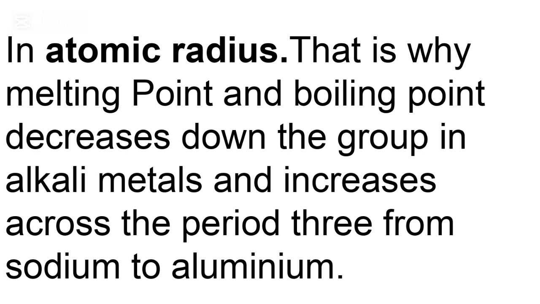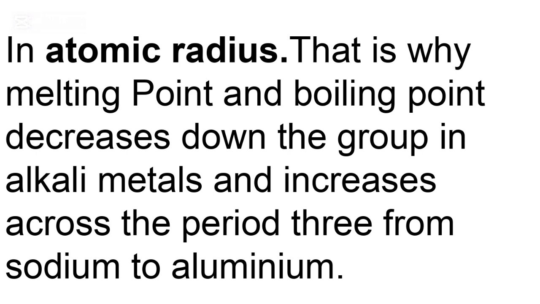So note those two factors which constitute the strength of a metallic bond. The number of delocalized electrons: if the delocalized electrons are many, the better the conductor than when they are few. Now, atomic radius.